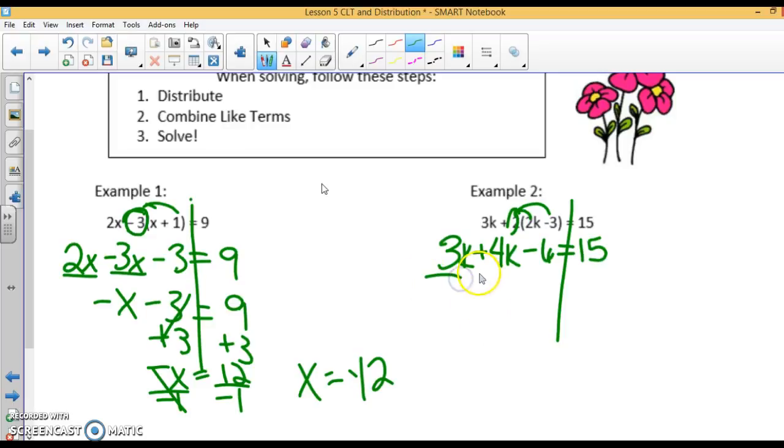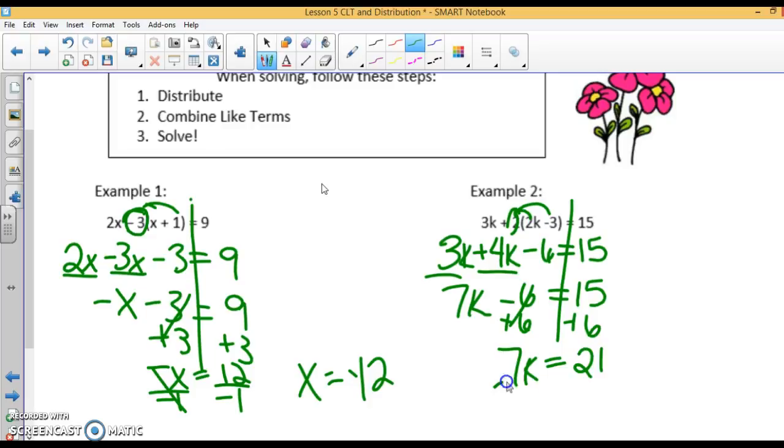I can combine my 3k and my 4k, which will give me 7k minus 6 equals 15. I can add 6 on both sides, and I'll get 7k equals 21. Divide by 7 on both sides, and I will get k equals 3.